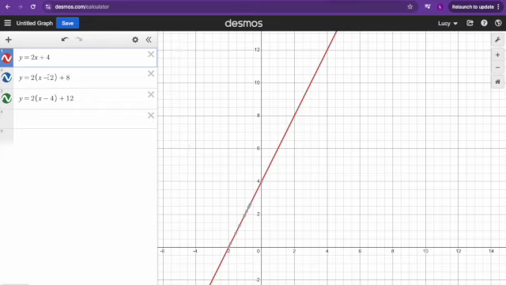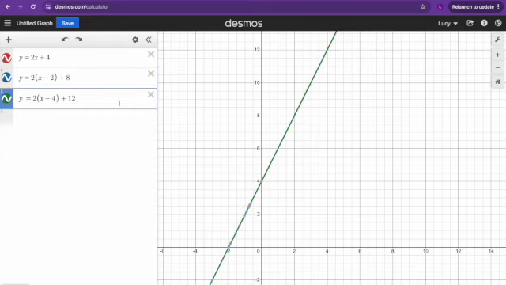Just like we're supposed to do in point-slope form, we subtract the x-coordinate of the point, and we add the y-coordinate. To get either of these equations into the more traditional y minus y1 equals slope times x minus x1 form, all we need to do is subtract the y value from both sides, so this becomes 0, and that becomes y minus 12.